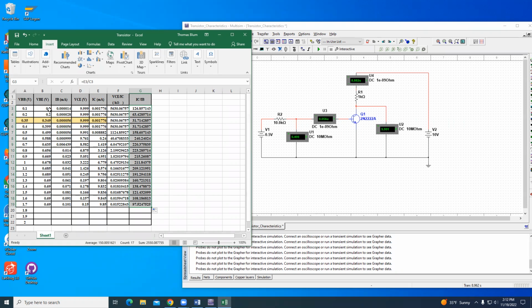Comparing VBE to the battery voltage, we see that for the first several rows, say up to 0.05, they're almost the same to the thousandth place. And then it begins to peel away, and then it kind of sticks at 0.69.